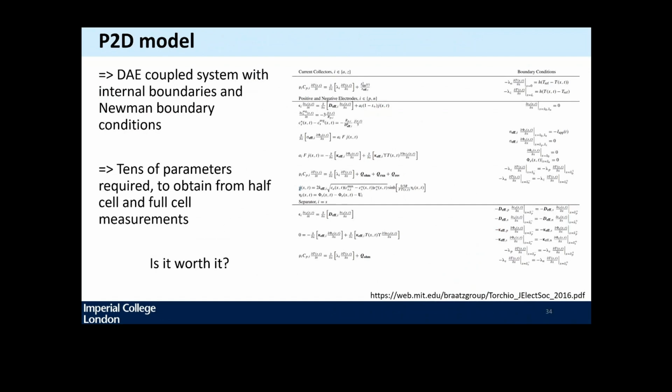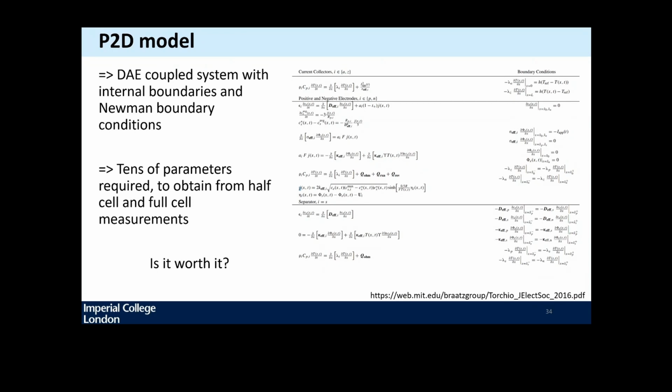So it's a very large system, and this is to be solved through a finite difference or finite volume method. And you end up with a system of equations called differential algebraic equations, because you have both partial derivatives and algebraic constraints. So this is from conserving mass and charge and so on.